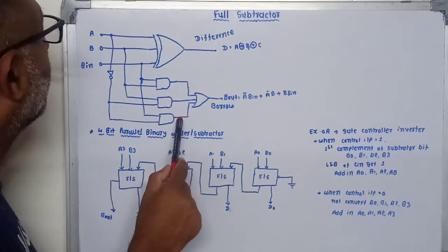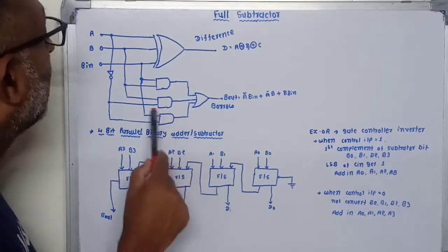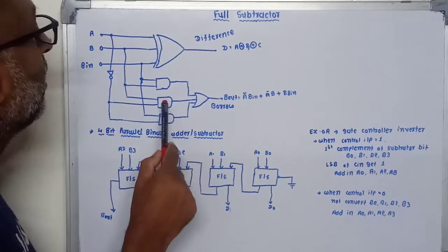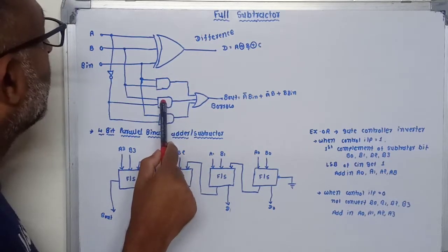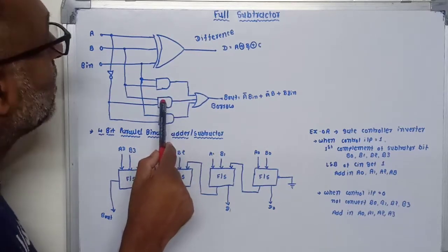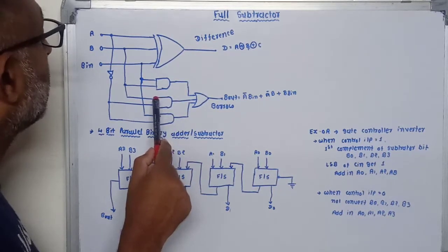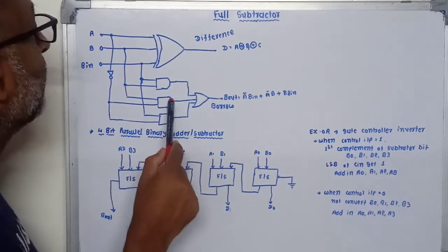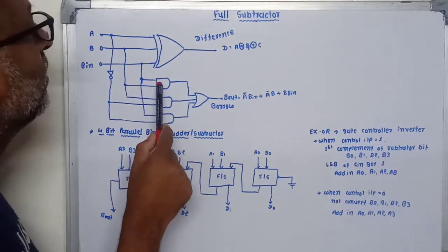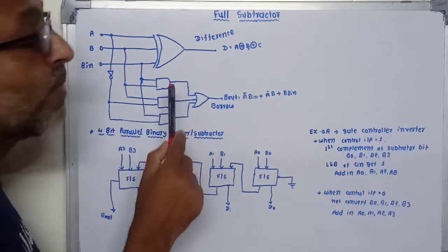So it provides B in into A bar output. Similarly, here we can see that the A bar and B inputs are given to this AND gate, which provides the multiplication of A bar into B, and this AND gate provides the multiplication of B and B in as an output.